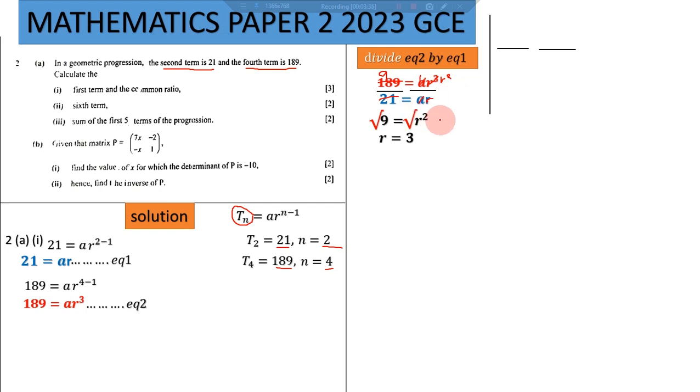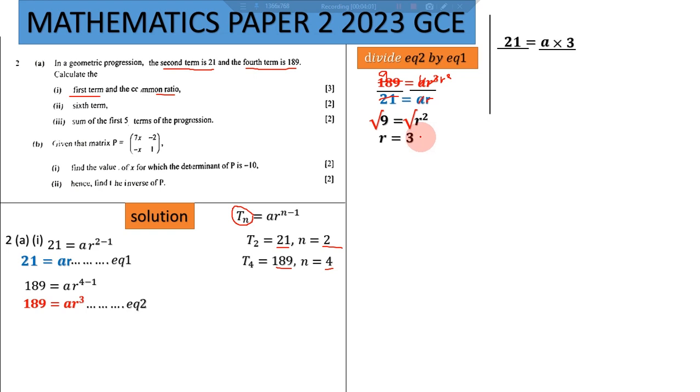Now this is just the common ratio. The question is asking us to find both the common ratio and the first term. So we'll pick one equation, either the first or the second, but I'll go with the first one because we'll beat on time, it's much simpler. The first equation is 21 equals ar, then where there's r we substitute what we found, which is 3.